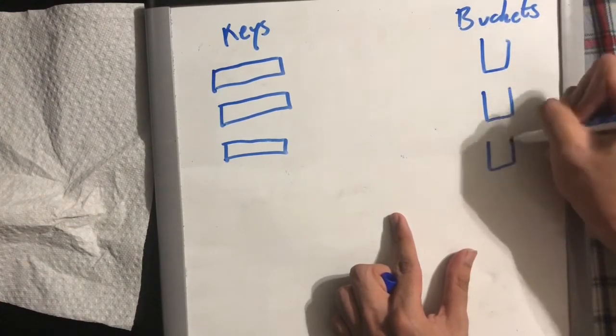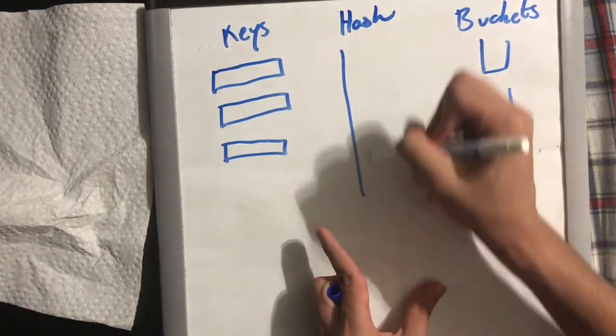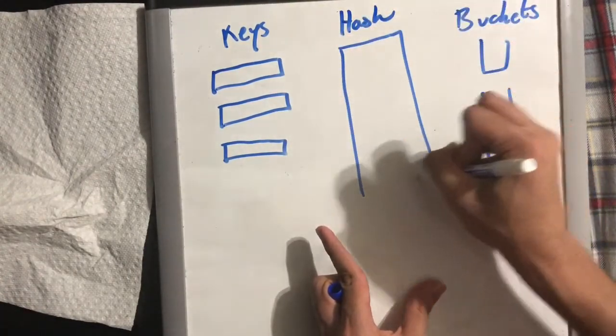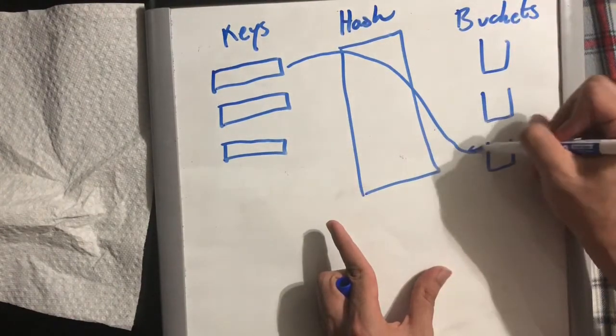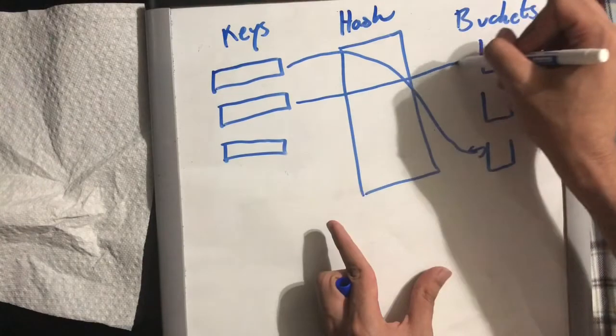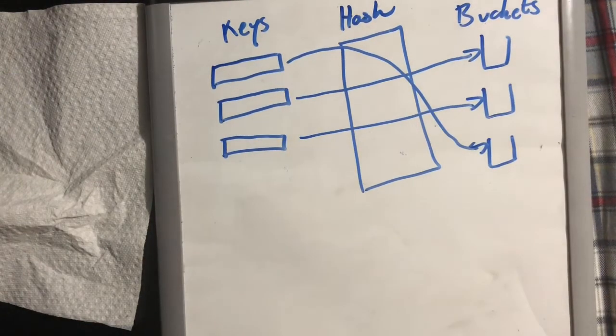Depending on what is outputted by the hash function, the keys will be mapped out to each bucket as such. So depending on what the hash function outputs when the key is put into it, we get a different bucket. And if we want to find that, we just put the key in and it'll return the value that we want it to.